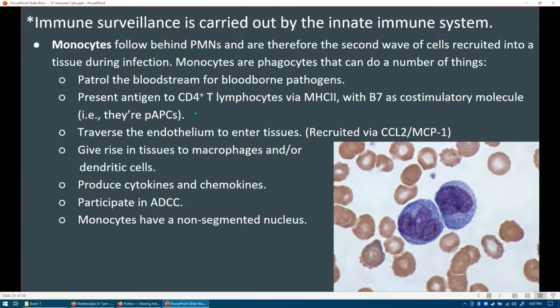They can present antigen to CD4 positive T cells, or T lymphocytes, using MHC2 and B7. They can present exogenous peptides to T cells, and they are the only cell in the bloodstream that is capable of presenting to T helper cells. If they leave the blood to enter the tissues by traversing the endothelium, their recruitment is not through interleukin 8.